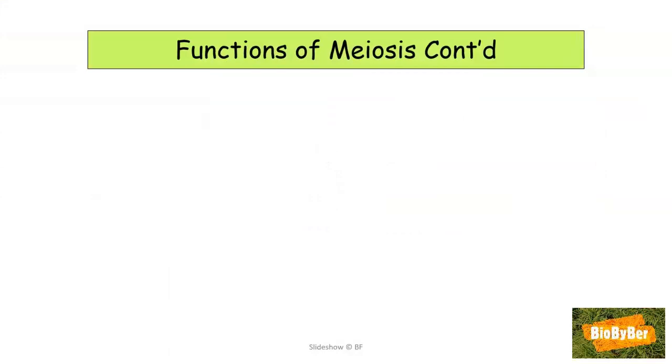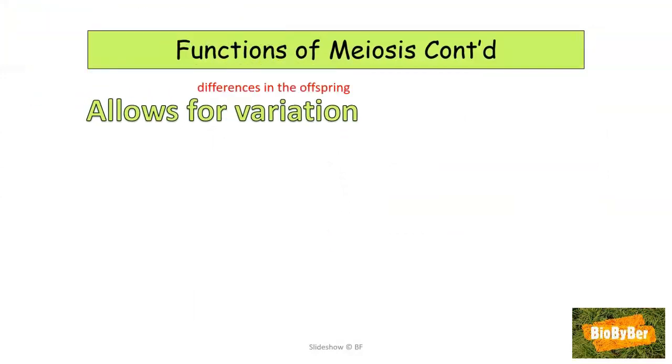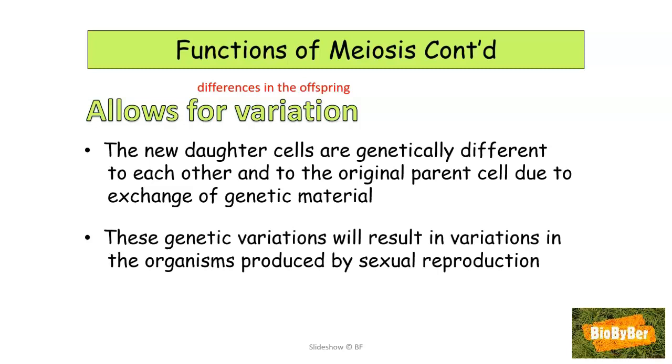The next function of meiosis is that it allows for variation. It allows for differences in the offspring. As we've said already, the daughter cells are genetically different to each other. They contain different chromosomes and they are genetically different to the parent cell due to the process of crossing over or this exchange of genetic material.